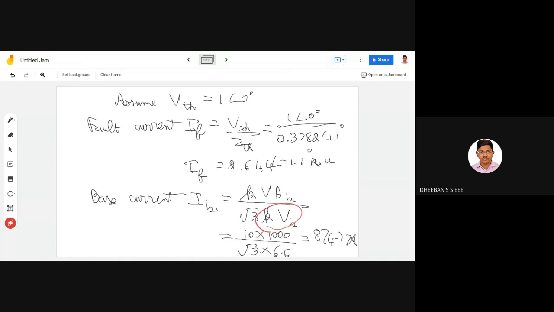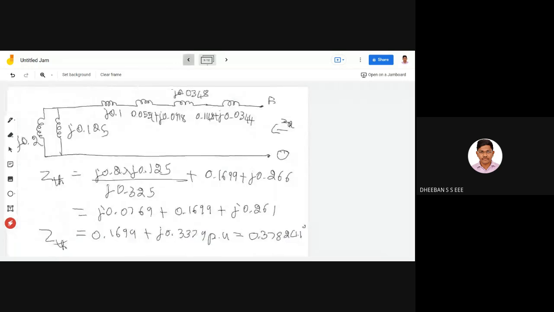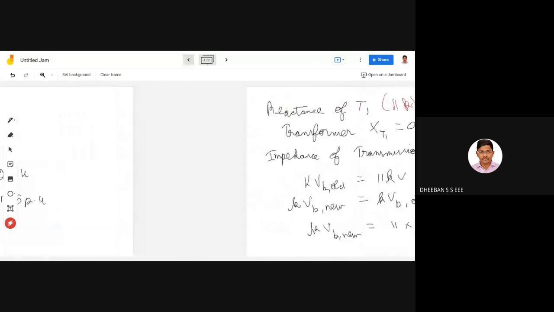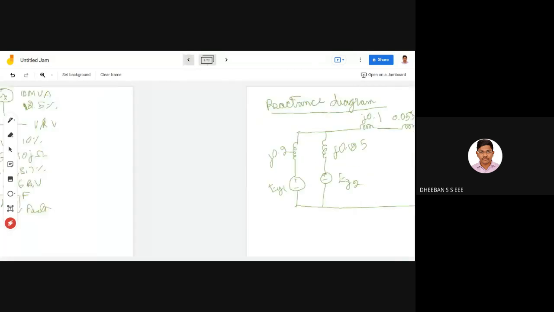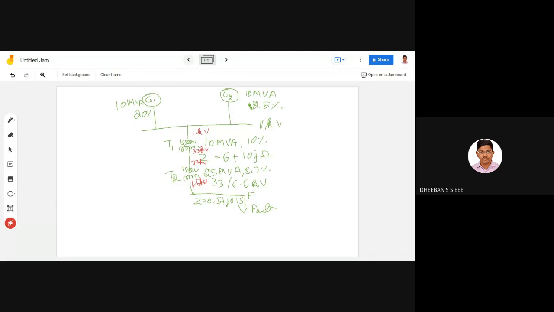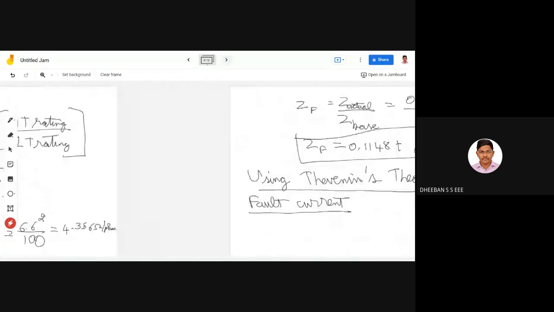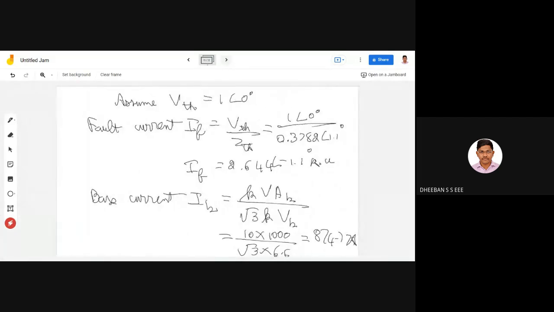So this is your voltage at your old. Okay, I'm having a particular doubt over here.